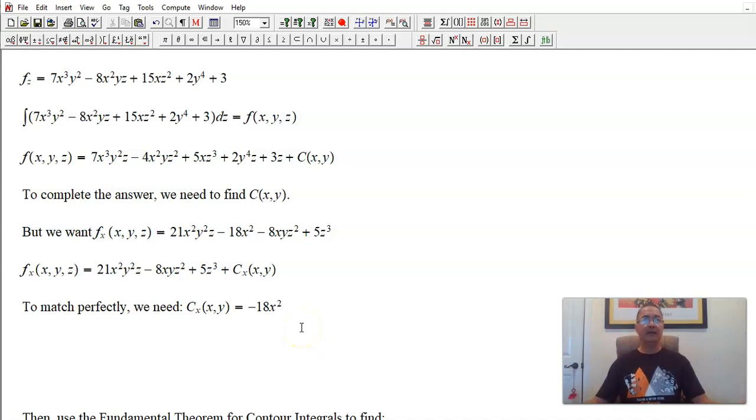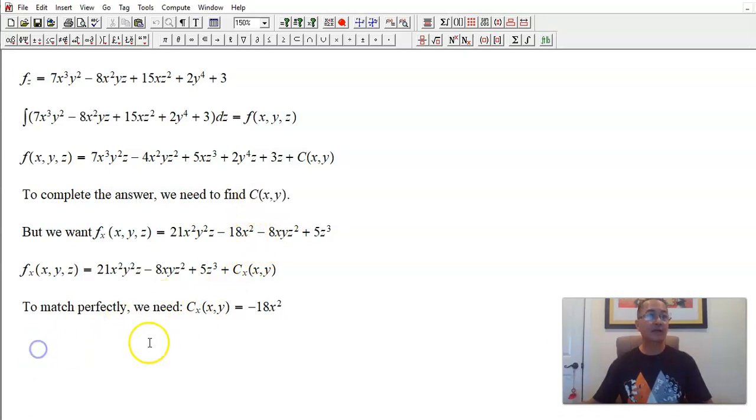Okay, so that means we have to do another partial antiderivative. The function that we want, c of xy, must be the partial antiderivative of this function with respect to x.